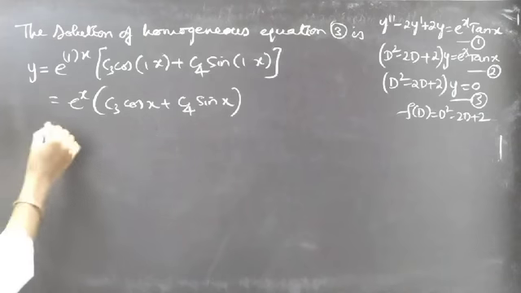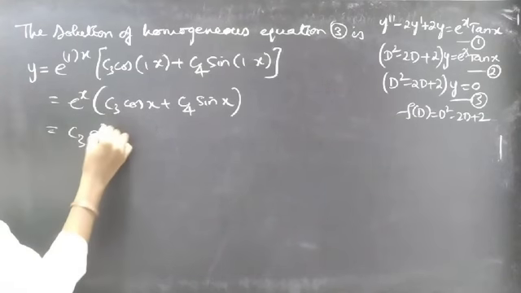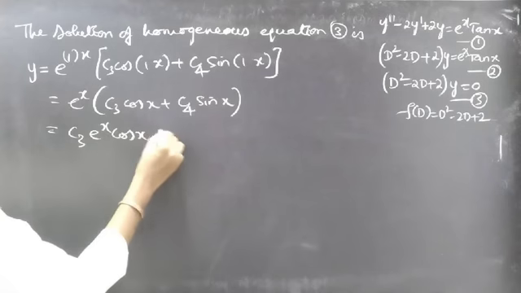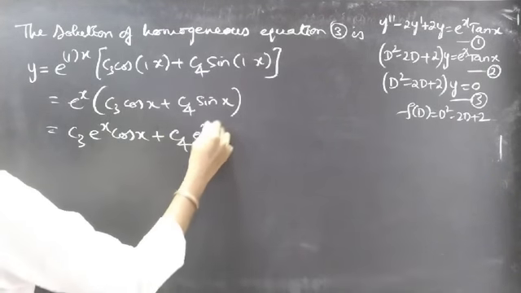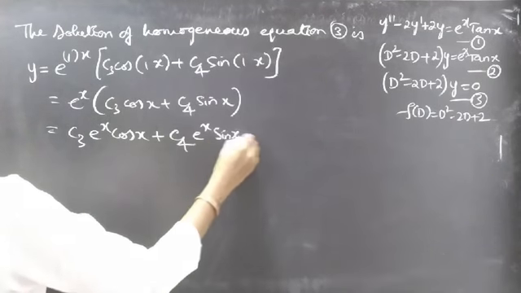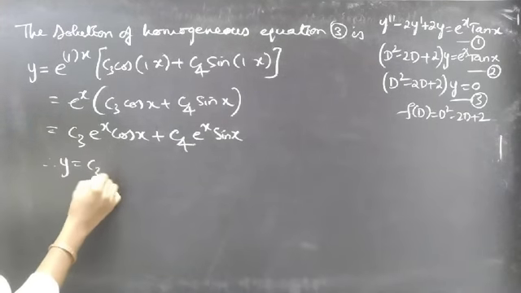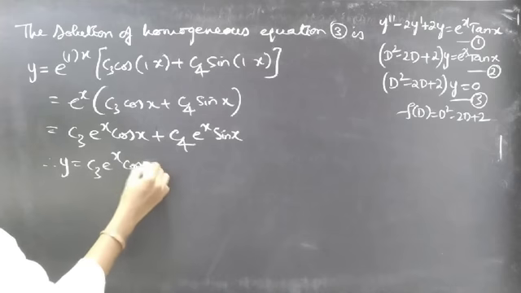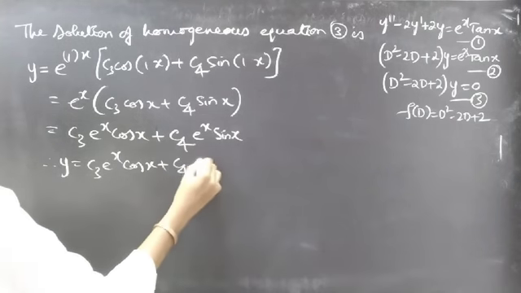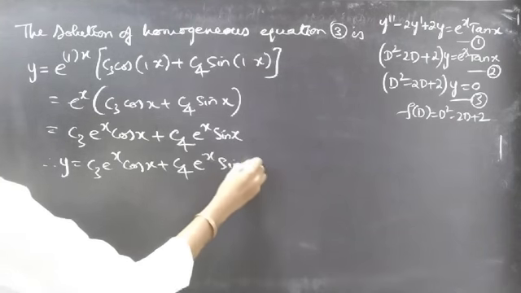Or we can write it as c3 e power x cos x plus c4 e power x sin x. Okay, therefore y equals c3 e power x cos x plus c4 e power x sin x.